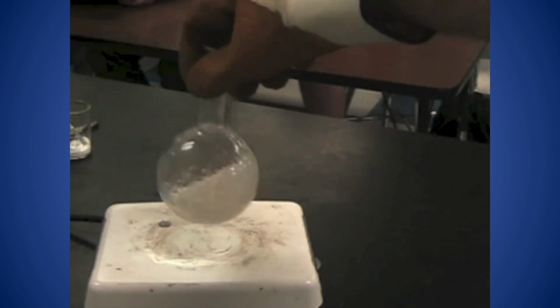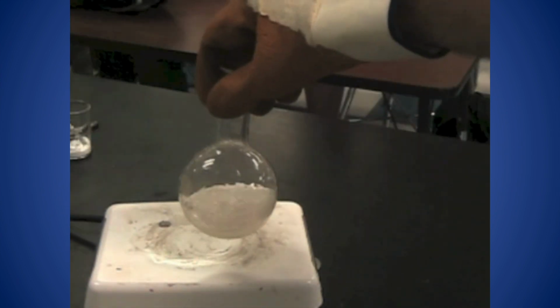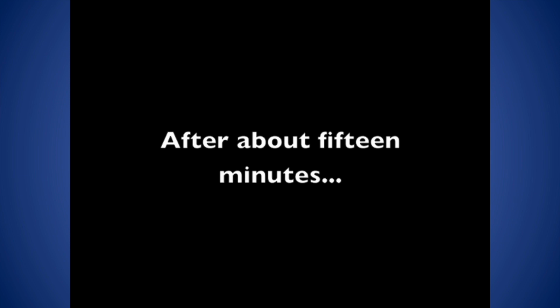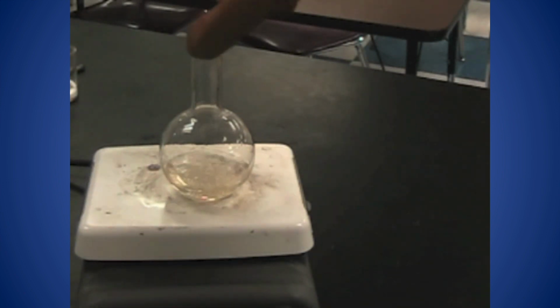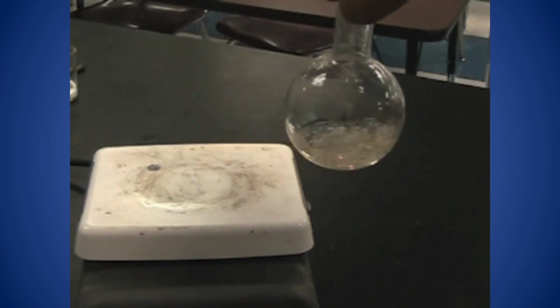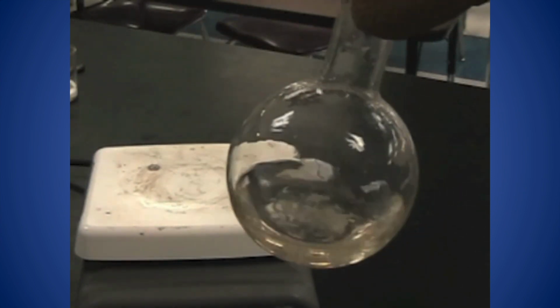But again, we're still not quite completely dissolved. Then after about 15 minutes, we can see that the solution looks relatively clear now. And we have successfully dissolved all of that sodium acetate in just a very small amount of water.